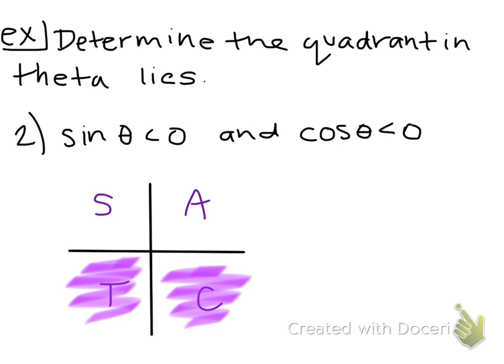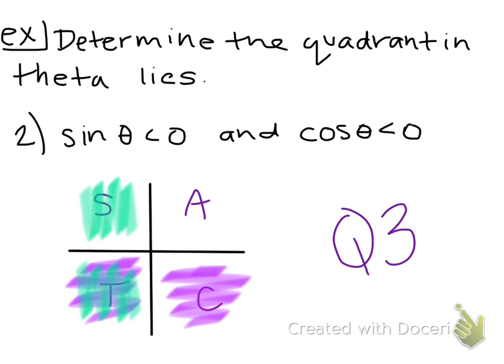Cosine is less than 0, so I'm looking for where cosine is negative. Cosine is positive in 1 and 4, which means cosine is negative in 2 and 3. Notice the place that they overlap is quadrant 3, and that will be our answer. So go ahead and try the practice problem, and make sure you input it in the video.